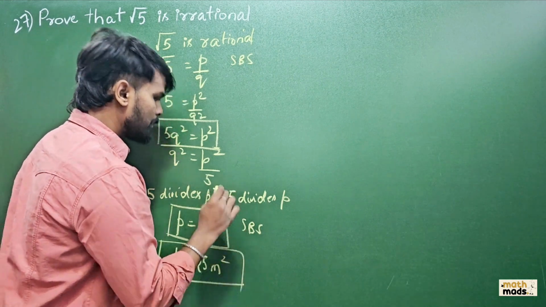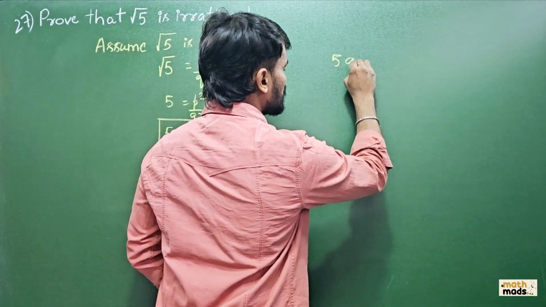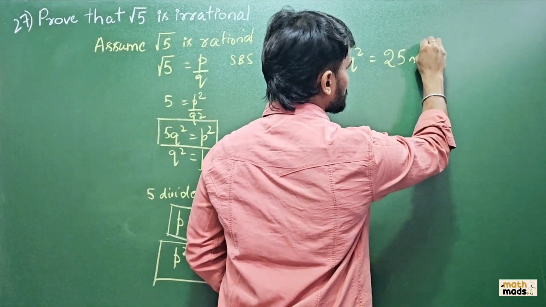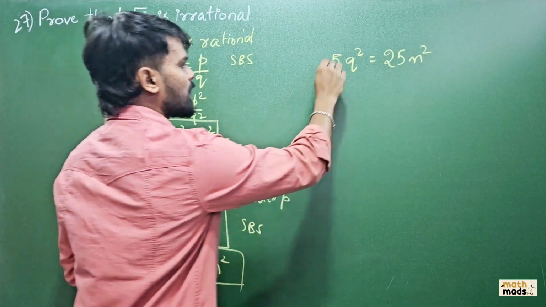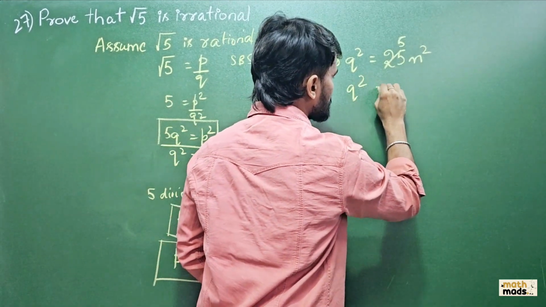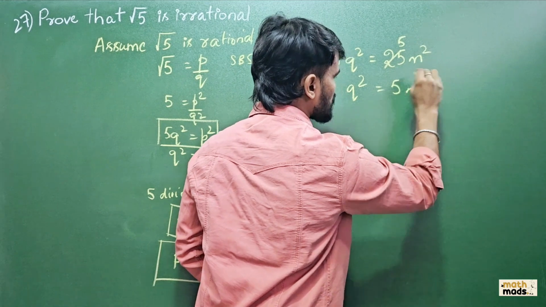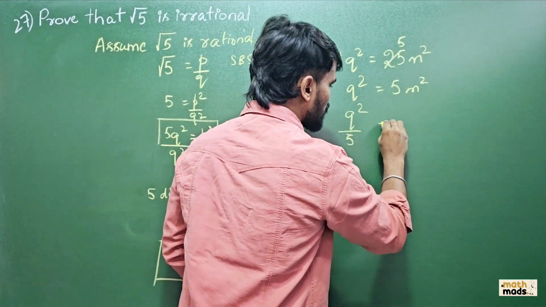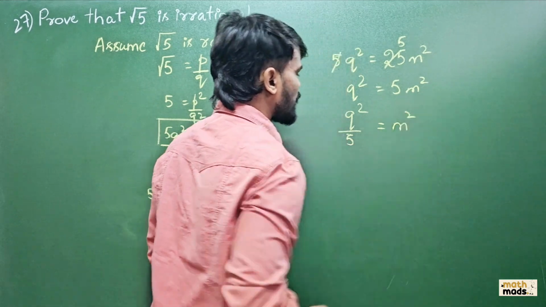What will you get here? 5Q square is equal to 25M square. Right? So 5 ones are 5, 5 fives are 25. So you are left with Q square is equal to 5M square. I can just write Q square by 5 is equal to M square.